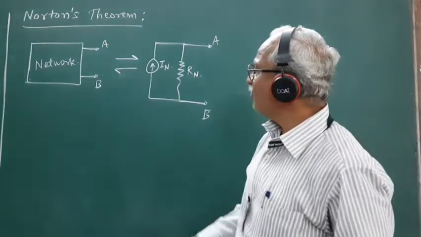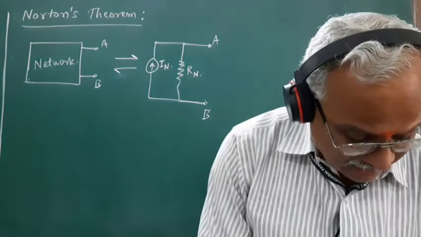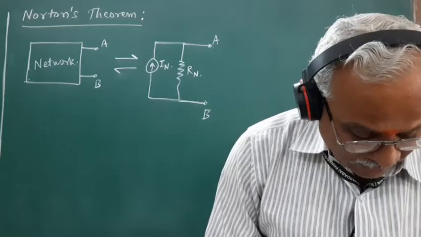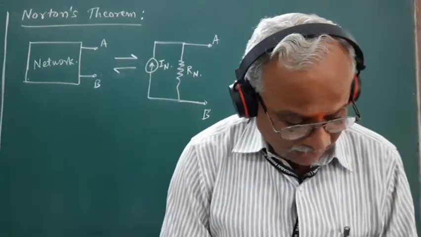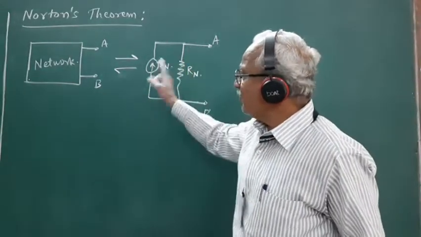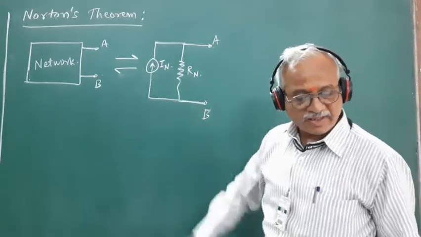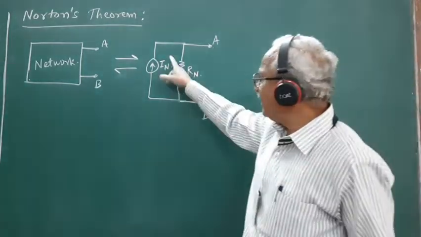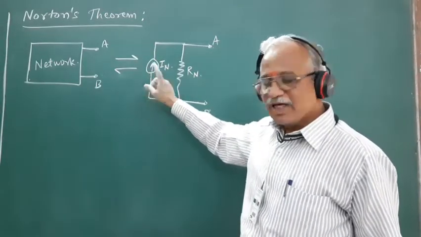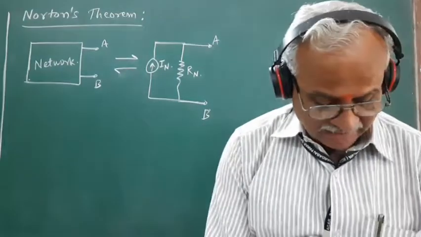That is how we can use Norton's theorem to analyze the given complicated network in terms of currents. This is the Norton equivalent circuit for the given complicated network. It consists of an ideal constant current source IN in parallel with an equivalent resistance called Norton resistance.